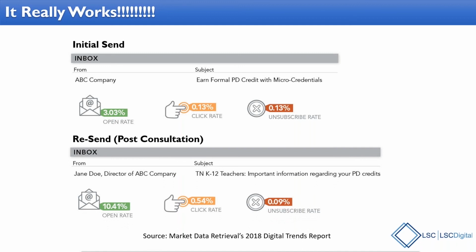Of course it wasn't Jane Doe, director, but it was a very specific person with their title and the company name. Then we got very specific in the subject: Tennessee K through 12 teachers, important information regarding your PD credits. And just those two changes took us from a 3% unique open rate to over a 10% unique open rate. Huge difference.